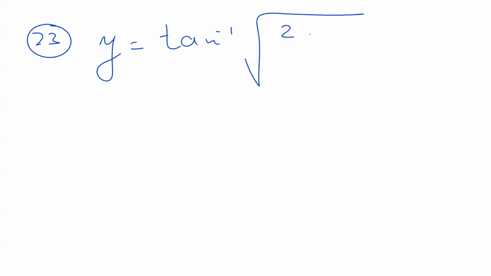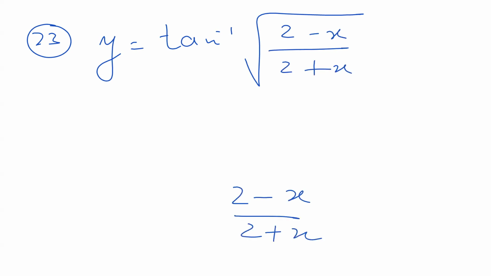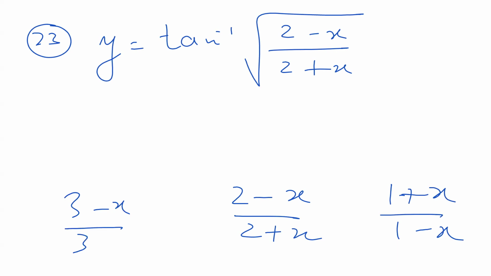So y is equal to tan inverse of root of 2 minus x upon 2 plus x. We have earlier discussed this, 2 minus x upon 2 plus x, or 1 minus x upon 1 plus x, or 3 minus x upon 3 plus x. You can simply put x as cos 2 theta.